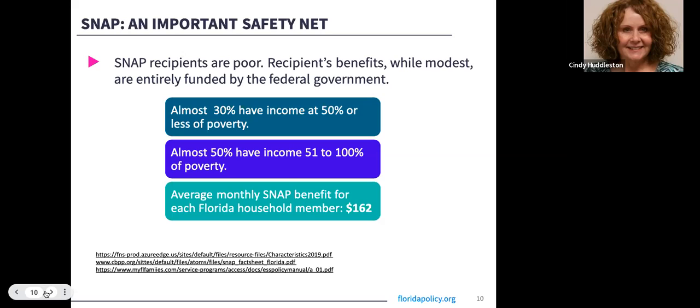Of course, is that enough to put food on the table all month? No. So making sure that household benefits are calculated correctly is extremely important. The more benefits, the better able participants are to shift the resources that they otherwise would have spent on food towards other immediate needs, like housing. Next slide, please.